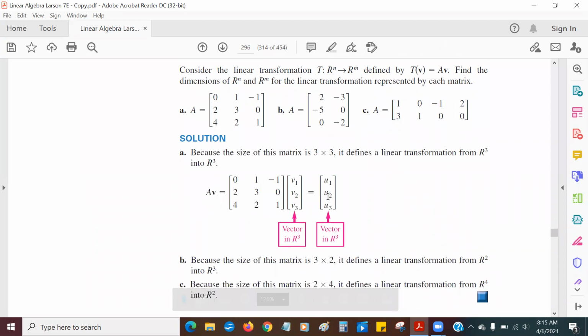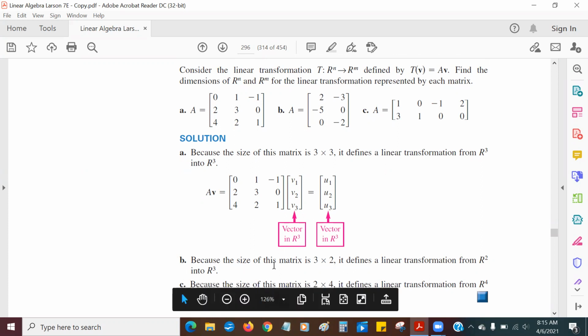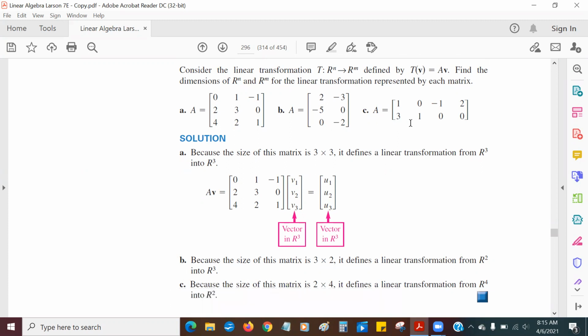Now here, because it's a 3x2 matrix, we're going to go from R2 to R3. And here it's a 2x4 matrix, so it's going to go from R4 to R2.